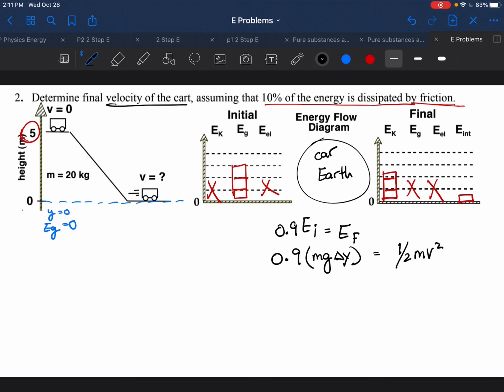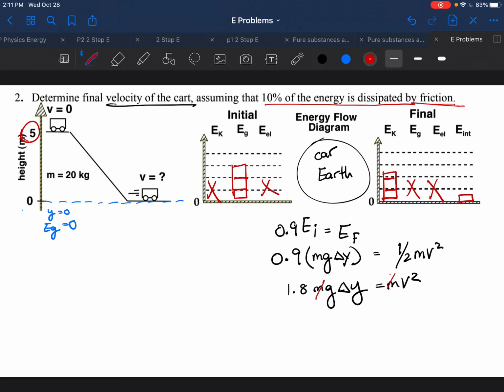Here, I want to find the final velocity, so I just have to get v squared. I'm going to multiply both sides by 2. So 2 times 0.9 is 1.8. So we have 1.8 mg delta y equals mv squared.